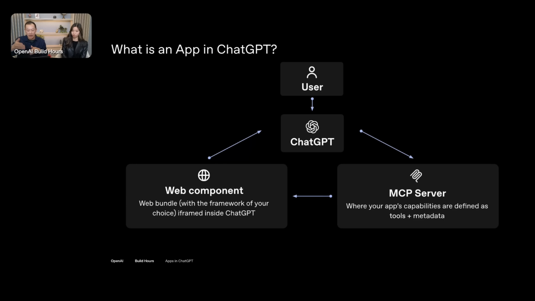And so if a user asks ChatGPT, for example, to find me trails, you can use the AllTrails app, talk to your MCP server, which could do anything from pulling in data from a backend to generating some information on the fly and then responding back with the URI in the tool output for ChatGPT to render out a web component. The web component is optional, so you could just have a backend only ChatGPT app.